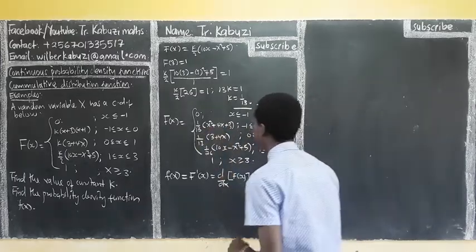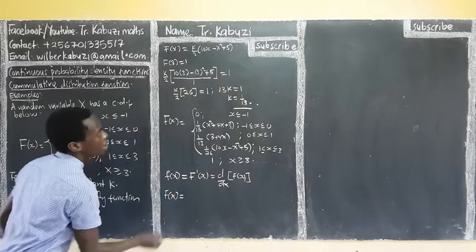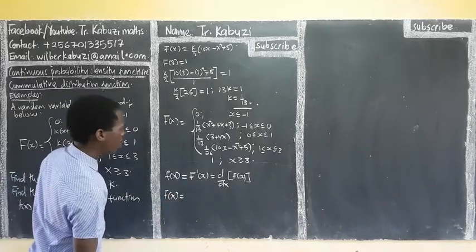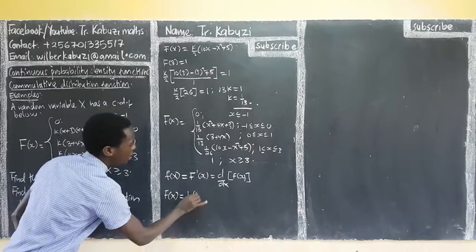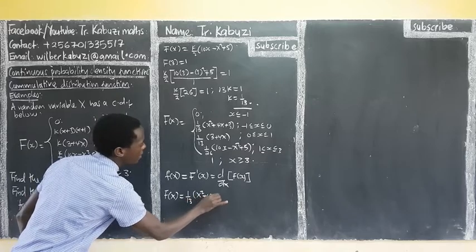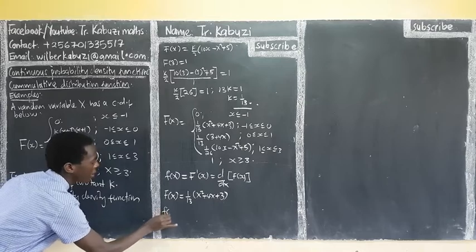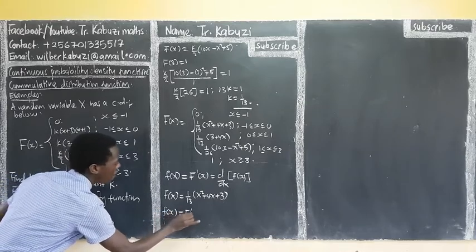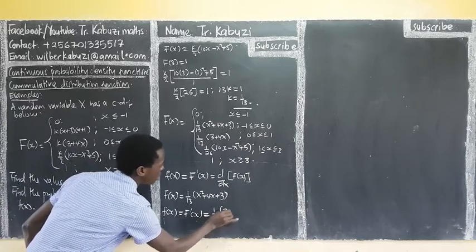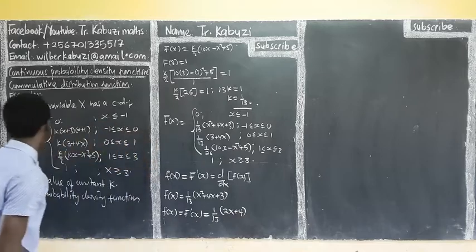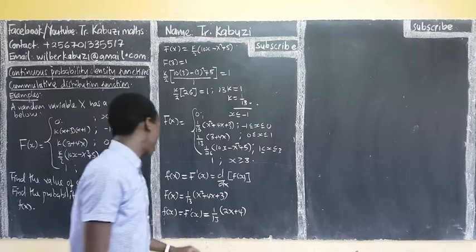So when my capital F of x is equal to 1 over 13 into x squared plus 4x plus 3, to get small f of x, I differentiate this. When you differentiate this, you get 1 over 13 into 2x plus 4. Remember I got this by expanding this, so when I differentiate that, I get that.